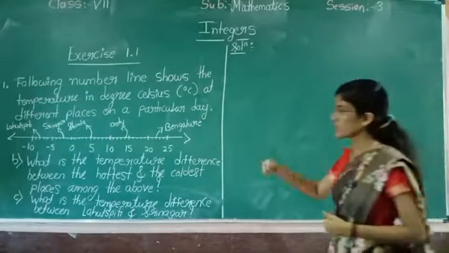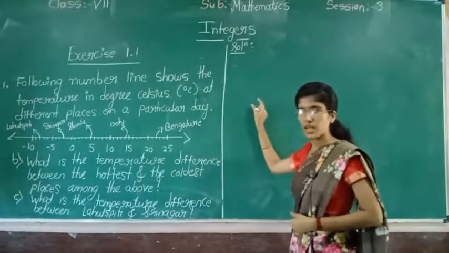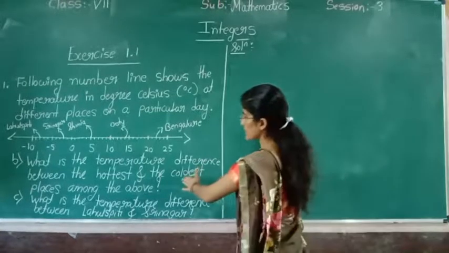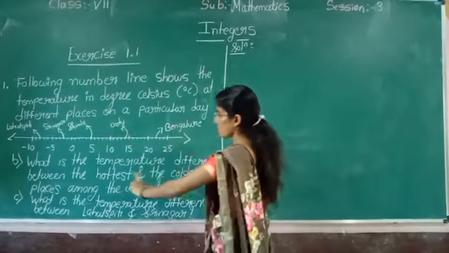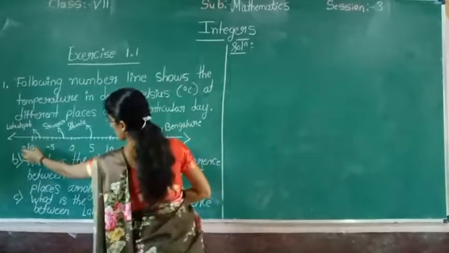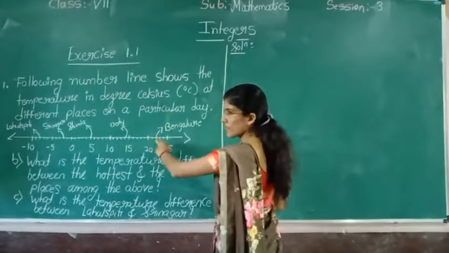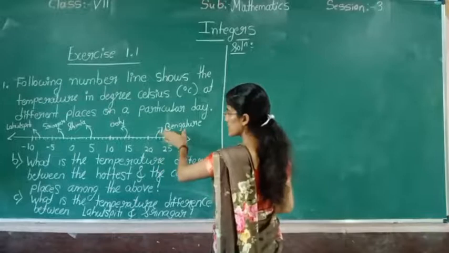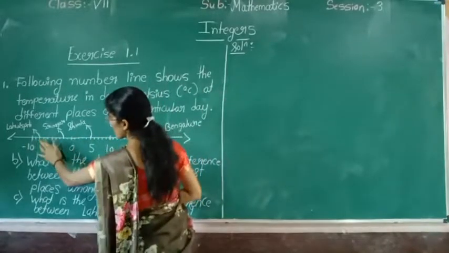Observe the number line; in question A I gave the table also. Definitely we can tell that the hottest place is Bengaluru and the coldest place is Lahul Spiti, because Bengaluru has a positive value, 22 degrees Celsius.